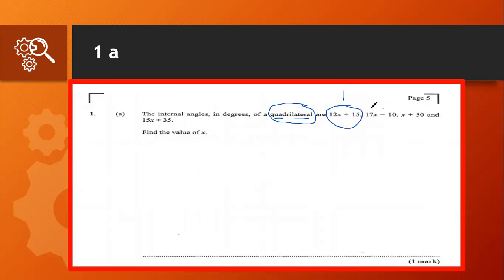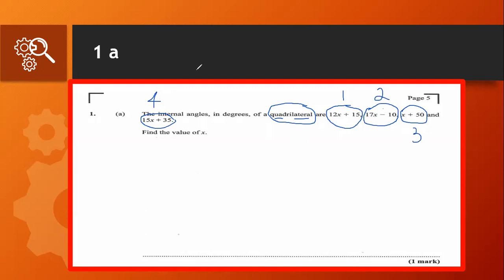The second angle is 17x minus 10. This is angle number 2. And this is x plus 50. This will be angle number 3. And this one is 15x plus 35. And so this will be angle number 4. So it is a quadrilateral, it has four sides, and it has four angles. There's no questions there, right?